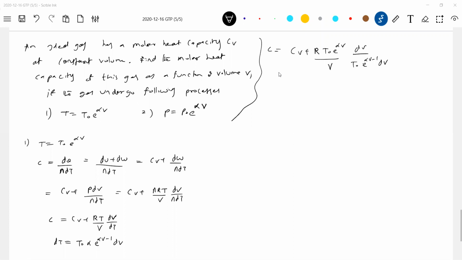Exponential power will not be there. Okay, let's solve the next part. C equal to CV plus R will be there. T naught all will get cancelled, so I'll end up with this much.